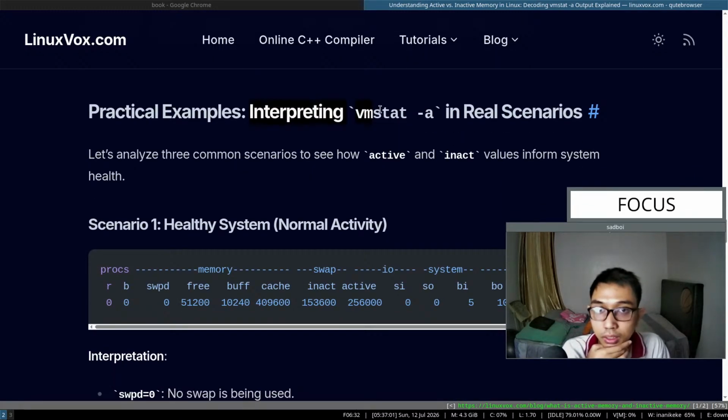Practical example: interpreting vmstat -a in real scenarios. Let's analyze three common scenarios to see how active and inactive values inform system health.